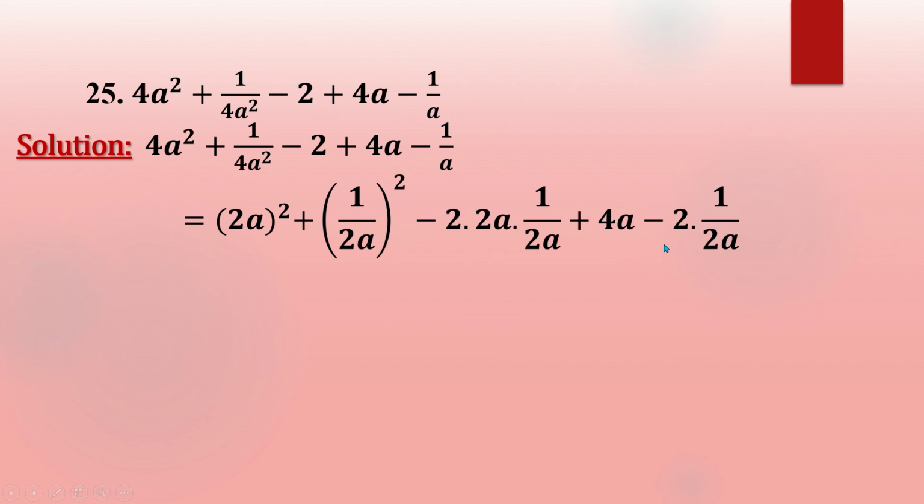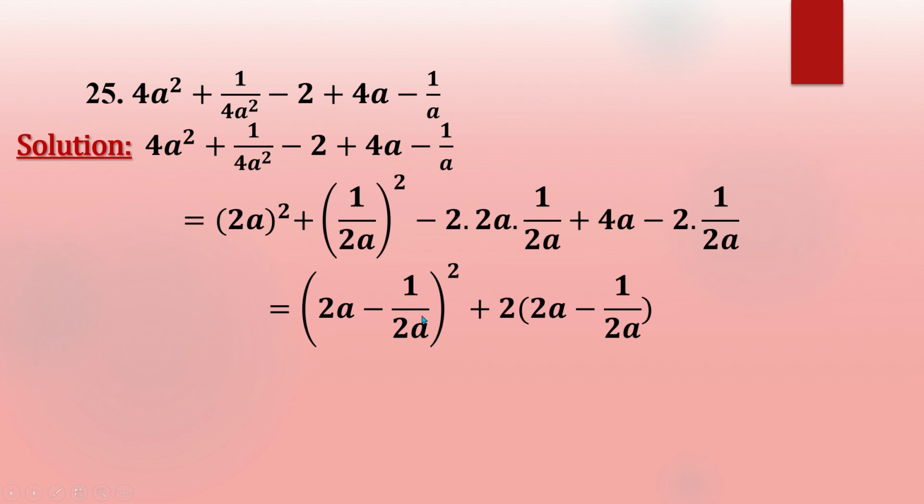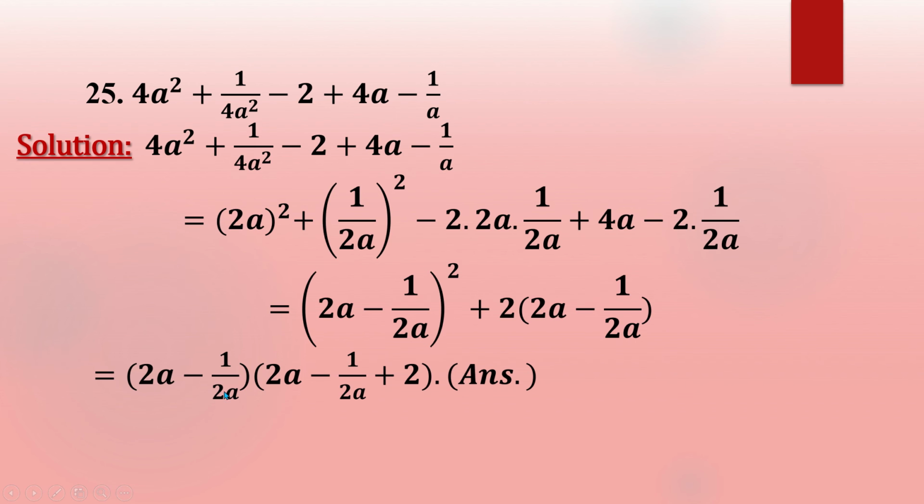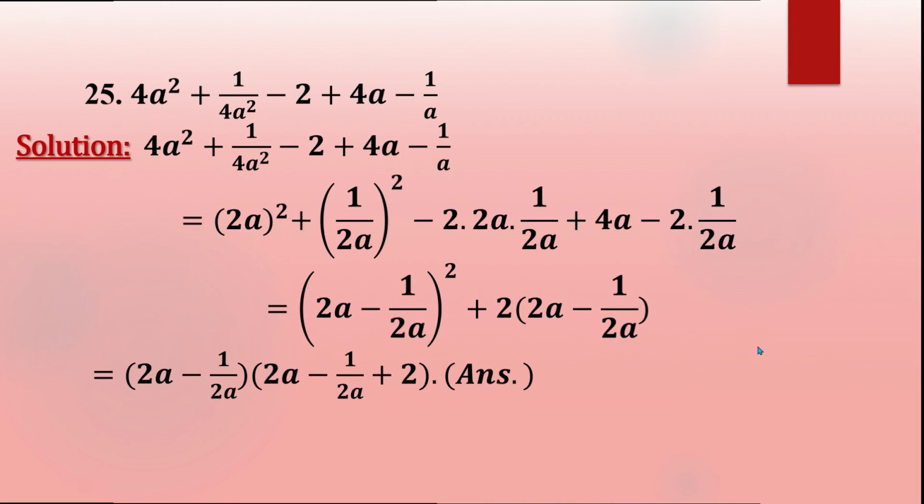So 1 by a, we can write this, no problem. Now this makes the formula a minus b whole square, a means this, b means this, plus here common 2. As a result, 2a minus 1 by 2a. Between these two also common, 2a minus 1 by 2a. So here left 2a minus 1 by 2a plus 2. This is the required answer. Clear?